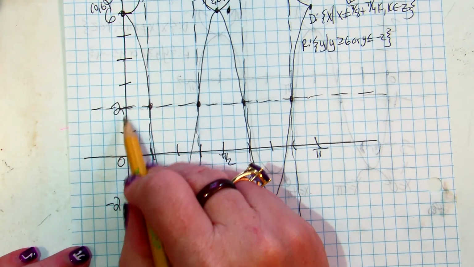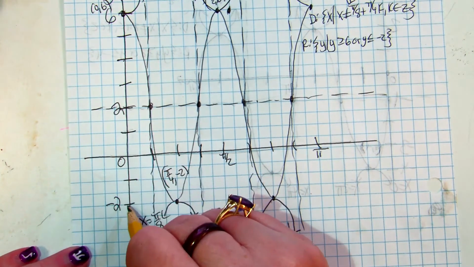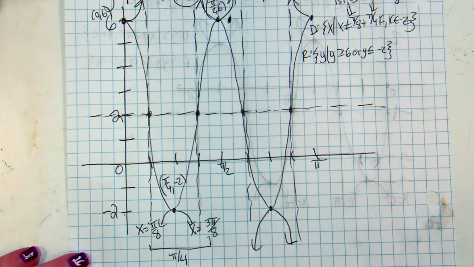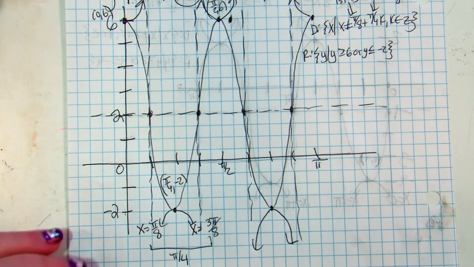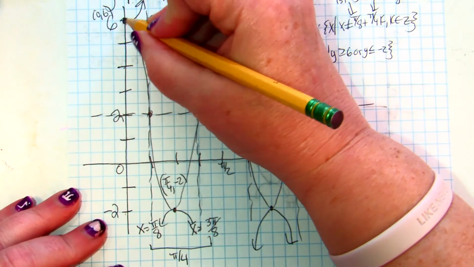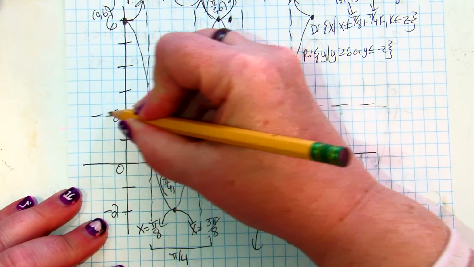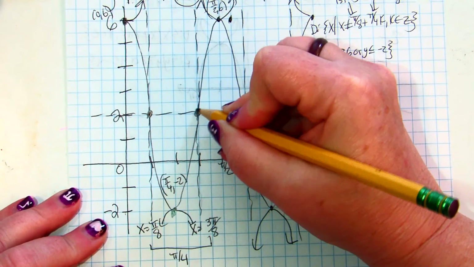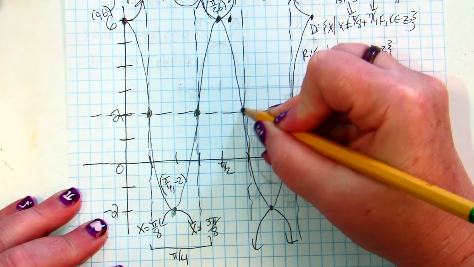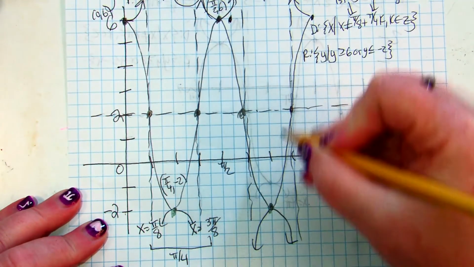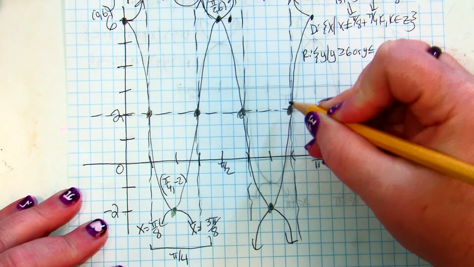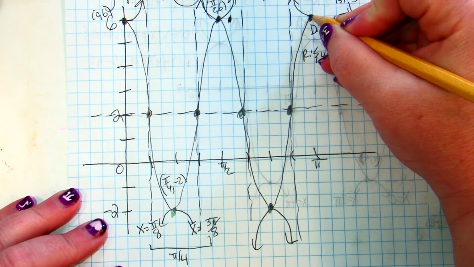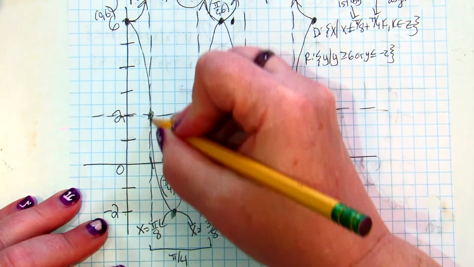I went by 2s on my graph, but it makes it really tall. It's a positive graph, so we start up and then go to our y equals 2, then down to -2, back up to 2, 6, 2, -2, 2, and 6. Then you draw the cosine curve.